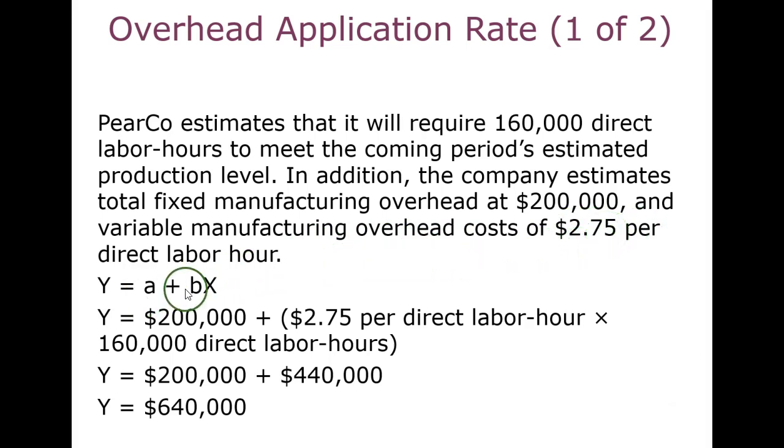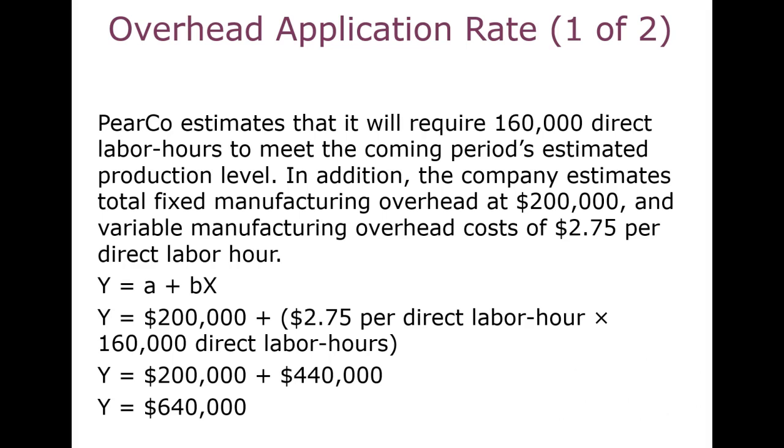So throwing the numbers in the formula, we have the fixed cost plus variable cost per unit times the total number of units of the allocation base, in this case direct labor hours. Let's solve for Y, and we get $640,000, which is the total manufacturing cost for the period coming up.